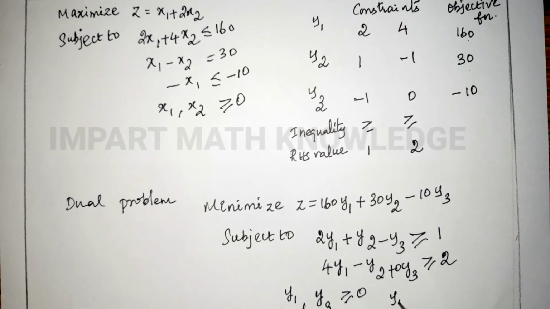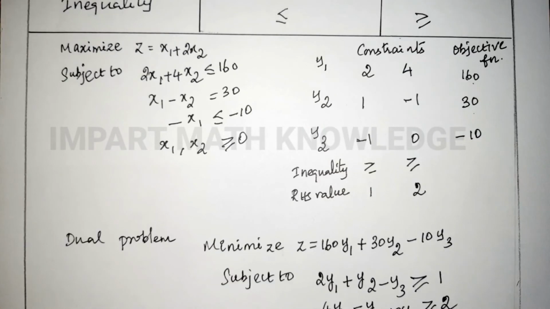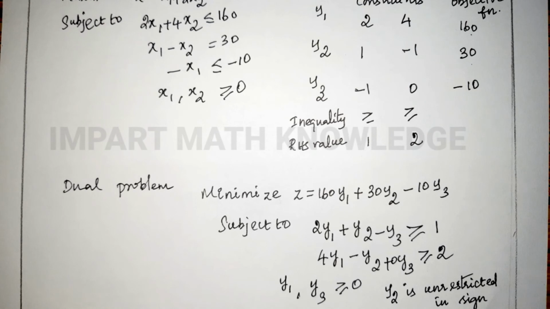That is, y2 is unrestricted in sign. The non-negativity condition is y1, y3 greater than or equal to 0. y2 is unrestricted in sign.